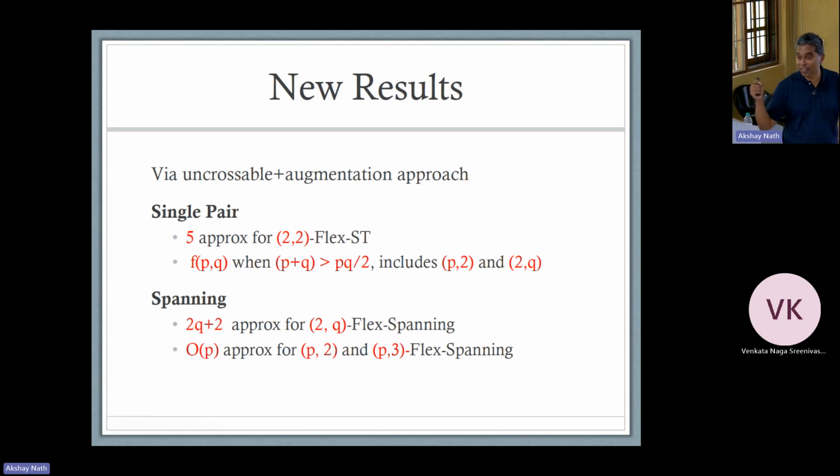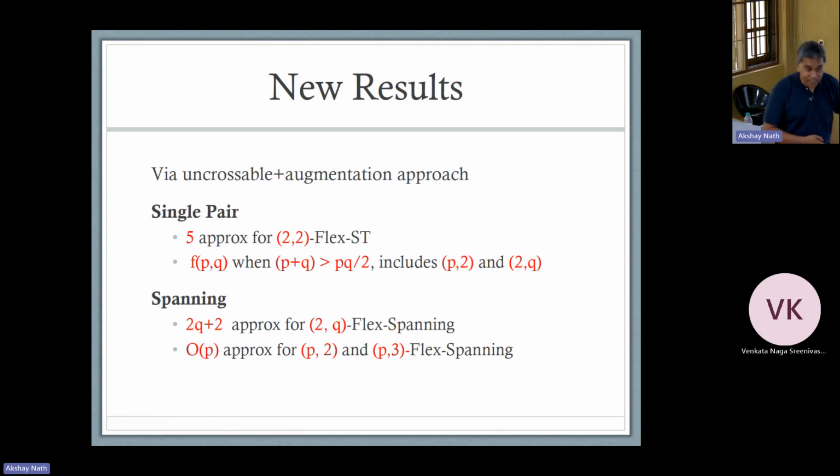For the single pair 2-2, we got a 5-approximation. Then we had a slightly more general result, some fixed function of P and Q, when P plus Q is bigger than PQ over some quantity. It's not obvious why. In particular, for P, 2 and 2, Q single pair, we can get a constant factor.